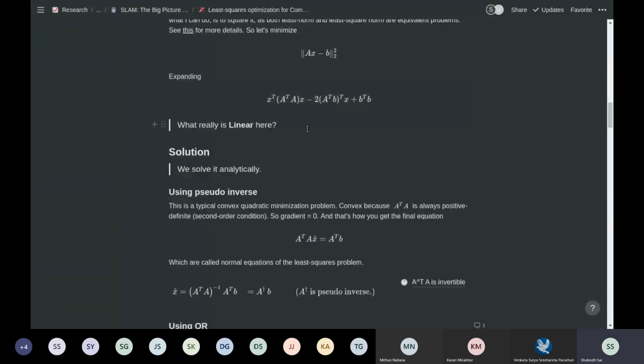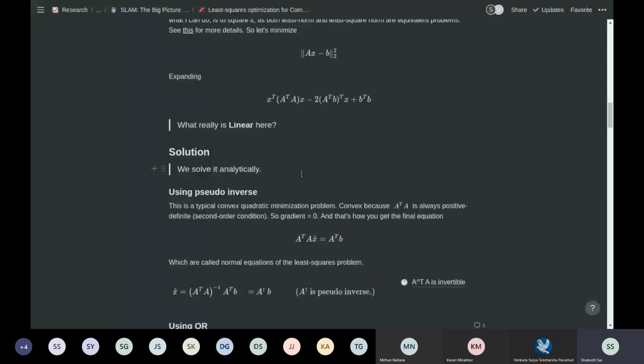You don't even need too much optimization knowledge to understand this. In 11th and 12th, you have studied that if the double derivative of a quadratic function is positive, then if you equate the first derivative to 0, you'll get a minimum. The double derivative of this would be A transpose A, and the matrix M transpose M is always positive definite.